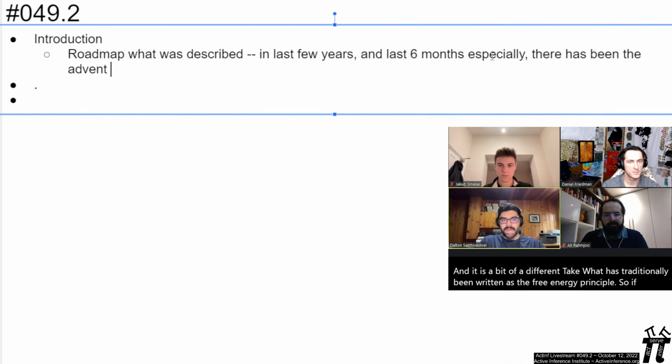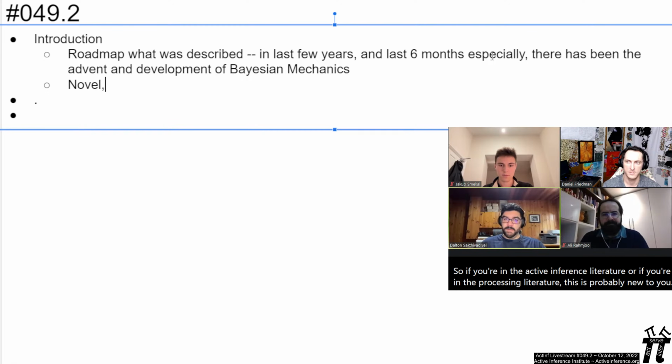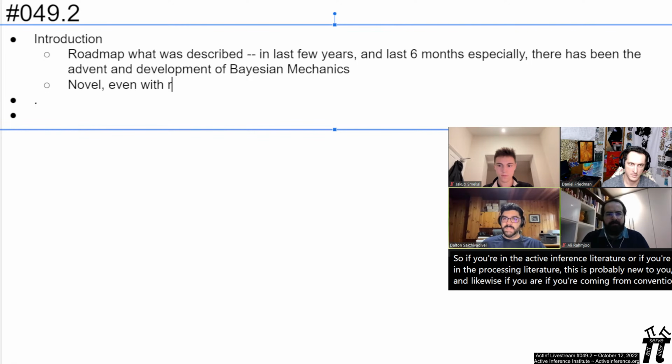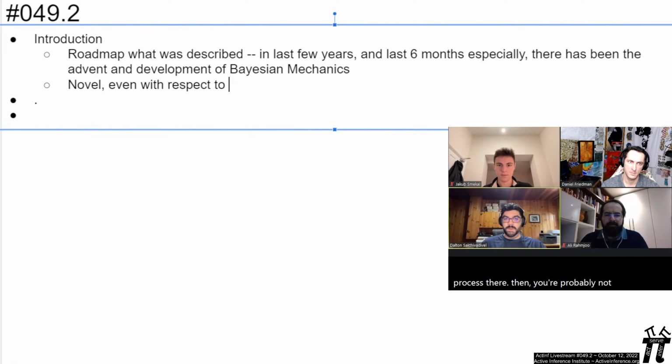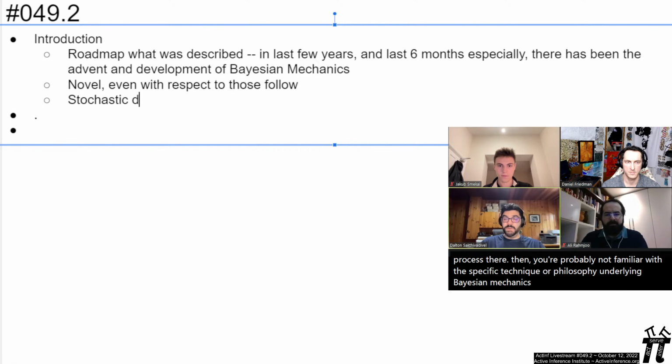So if you're in the active inference literature, or if you're in the predictive processing literature, this is probably new to you. And likewise, if you're coming from conventional stochastic process theory, then you're probably not familiar with the specific technique or philosophy underlying Bayesian mechanics. So that's probably new to you as well.